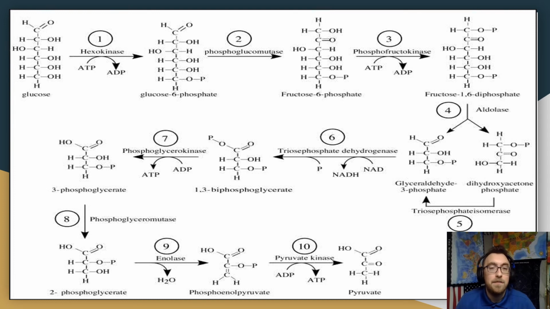As you can see here, we have our hexokinase, to our phosphoglucomutase, to our phosphofructokinase, and seeing the use of ATP, conversion to ADP, conversion of NAD plus to NADH, and in this case, the creation of ATP, one of two ATPs that are created in glycolysis.